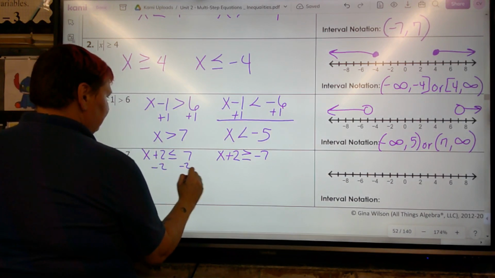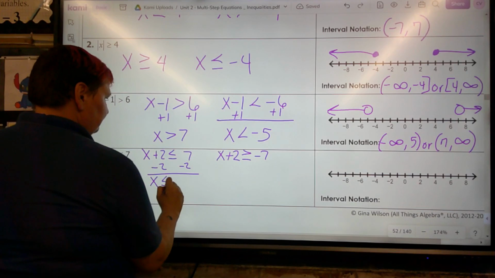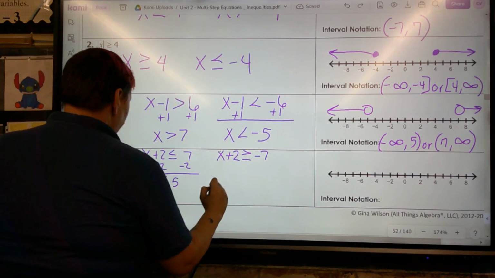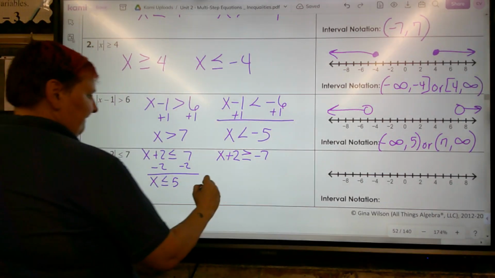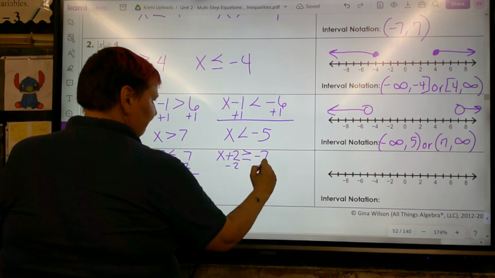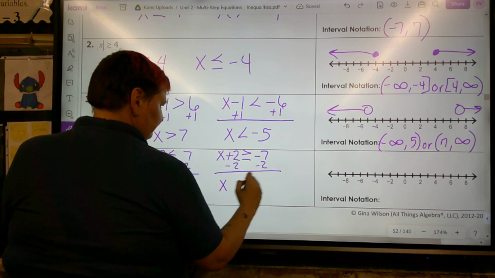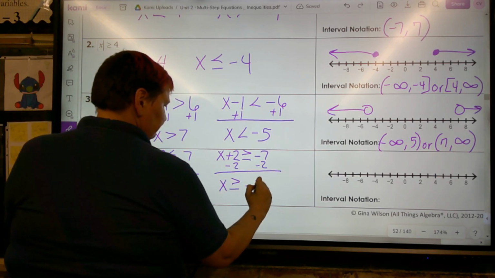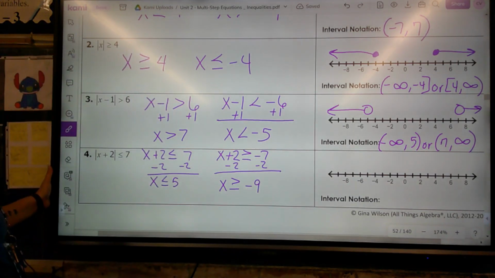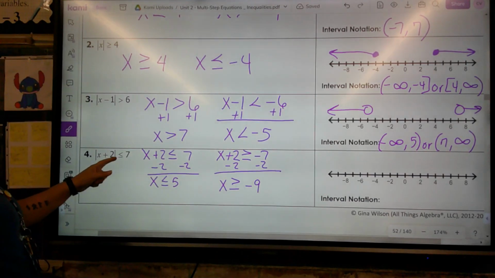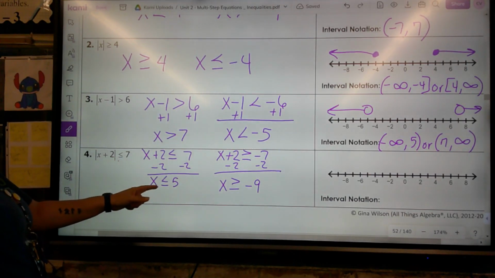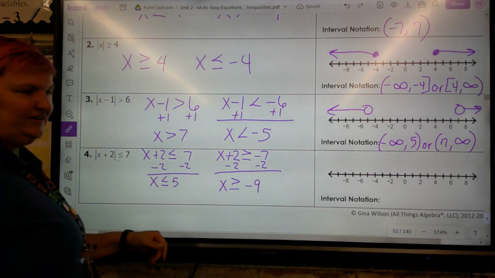Solve. Because it started as a less than, because our keep it was a less than, we know it's going to be an and.